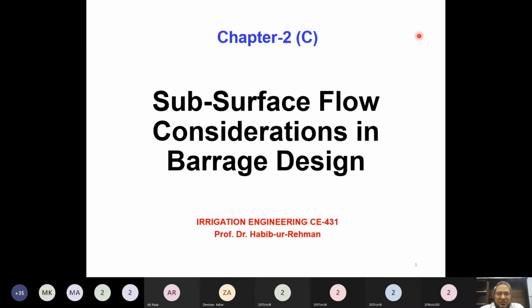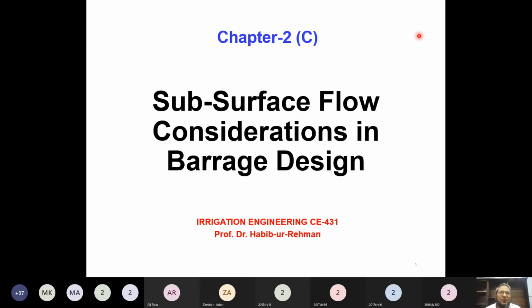So in the previous lecture, which was 2B, we discussed the surface flow considerations in the barrage design, and which parameters we were able to compute after studying it.